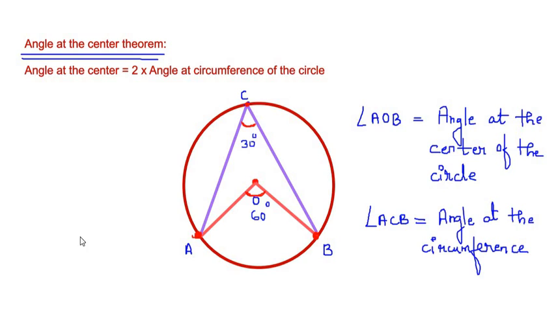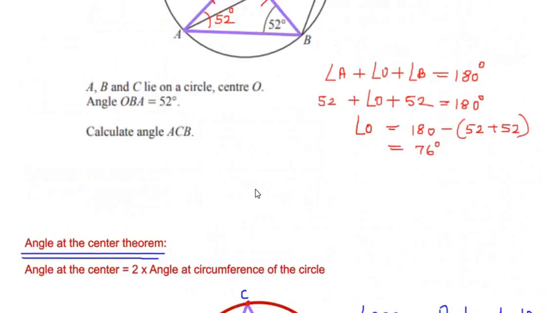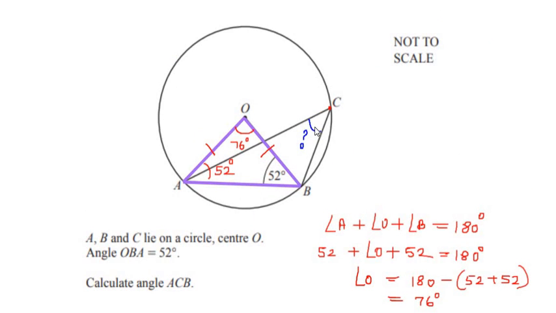The vice versa is also possible, where if the angle at the center is given, for example, if the angle at the center is 100 degrees, then the angle at the circumference is going to be half of the angle at the center. So half of 100 is 50 degrees. Keeping this in mind, we can try to solve this given example.